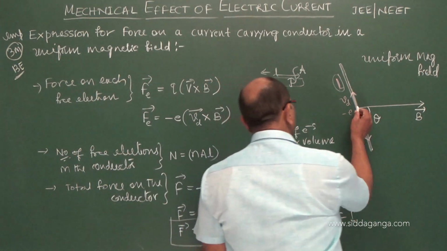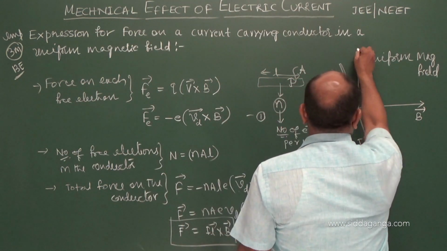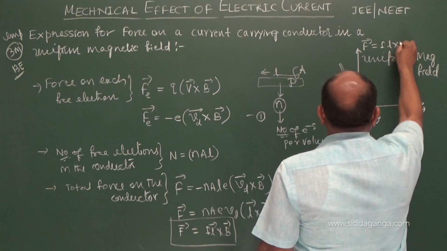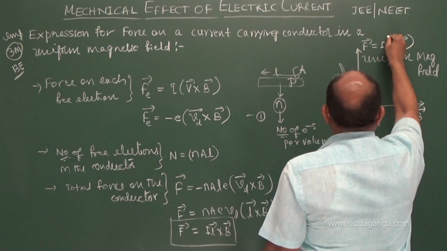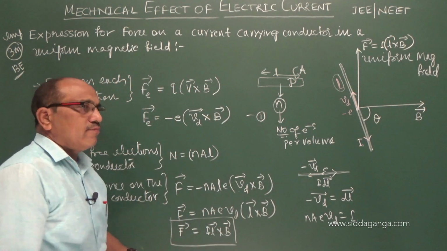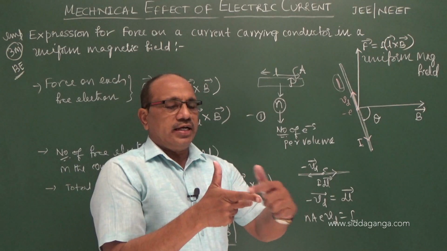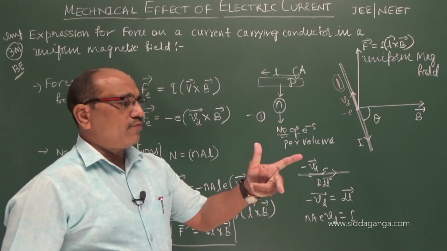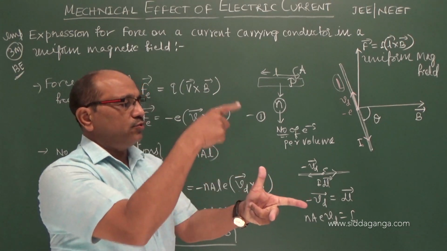The cross product directly suggests that the force is perpendicular to both L and B. It is perpendicular to both L and B. For the direction of the field and the current, using the left hand, L cross B gives you this.